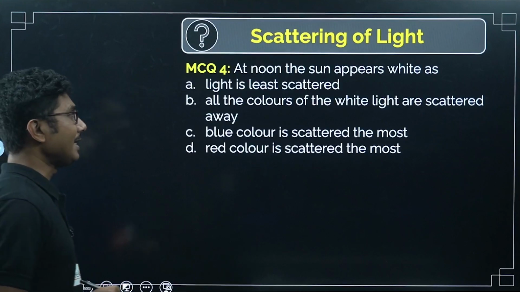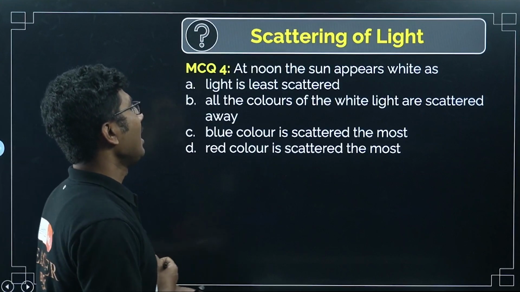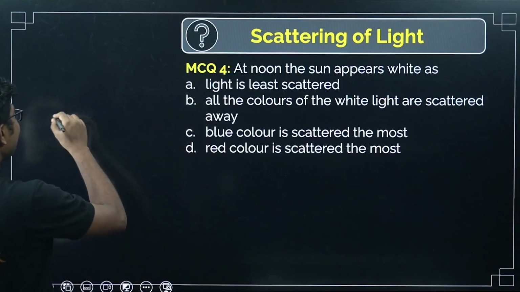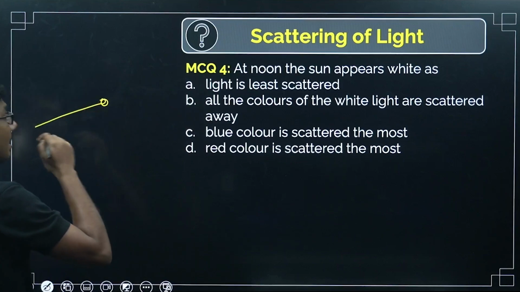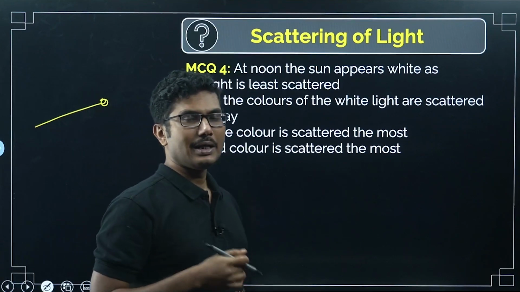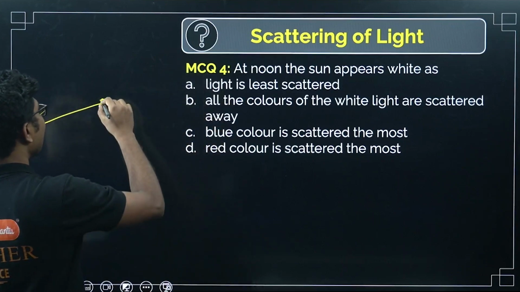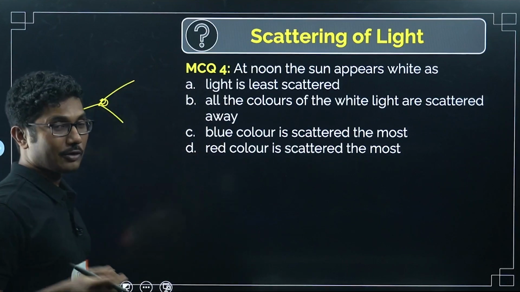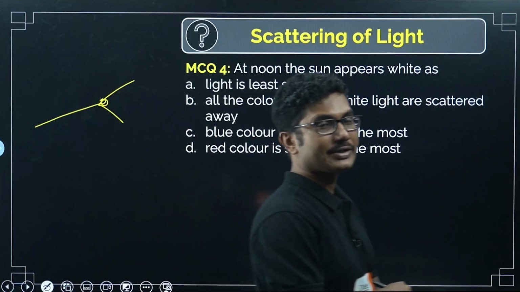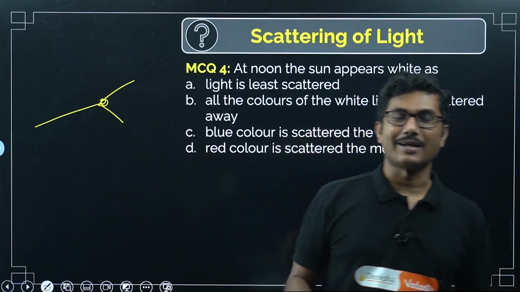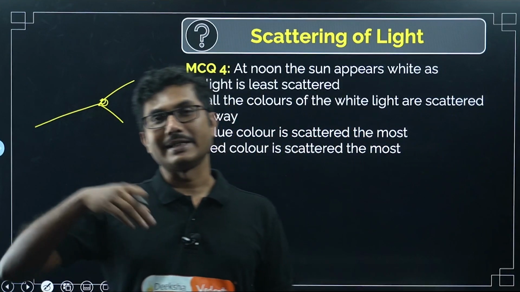Now scattering of light, this is another phenomenon. Scattering of light is when light rays traveling hit a particle present in the air, and change direction, but without any refraction or reflection.